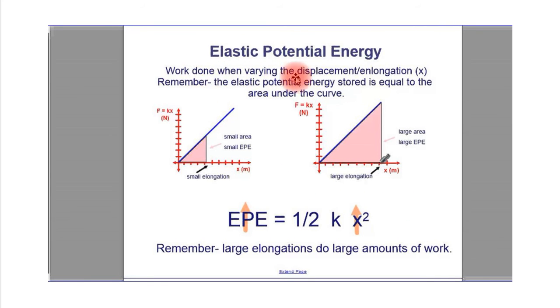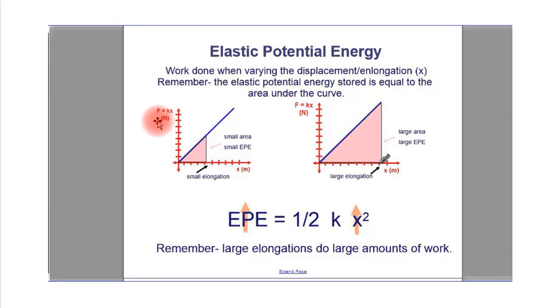Work done when varying the displacement or elongation x. Remember, the elastic potential energy stored is equal to the area under the graph. This is the extension of the previous idea. Elastic potential energy is equal to half into k into x square.